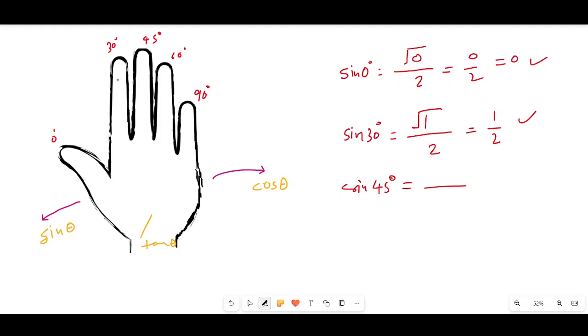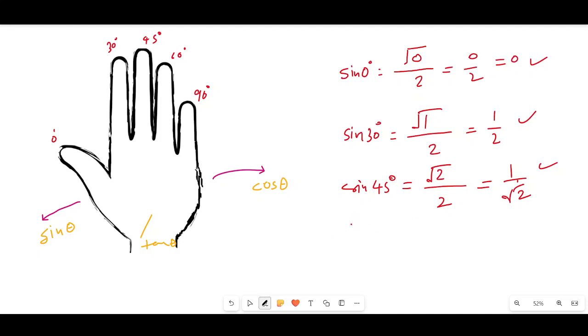Now for sine 45, 2 fingers are remaining, so we should write 2 and find the root of 2. Divide by 2, it will be 1 by root 2. Clear? Because 2 is root 2 into root 2. If we multiply root 2 into root 2, then we will get 2.